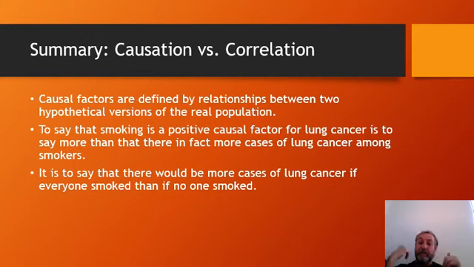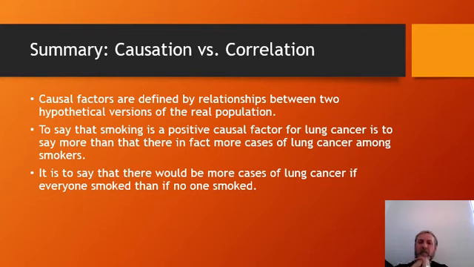It's making these sort of modal claims. It's not only the case that we see a larger proportion of this value of a variable in people that also have this value of this other variable. It's saying, take these two variables, let's go to a world where everybody has it, and a world where everybody doesn't have it. You're going to see a big change in the effect variable as well.